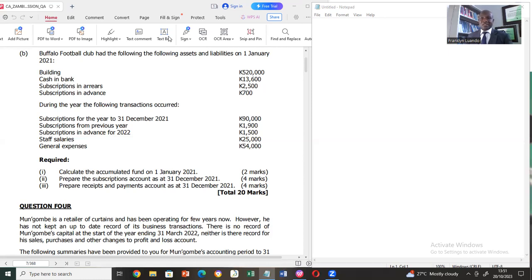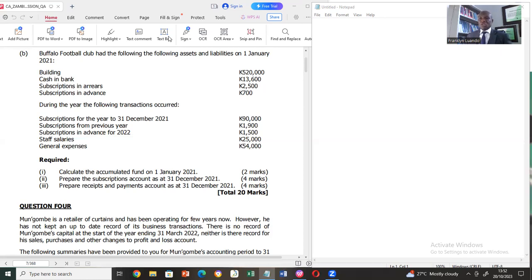Those are gate takings. It's a major source of income. We have also donations received from well-wishers. We also have income from bar trading. Most clubs have a bar there. It is also a source of income.